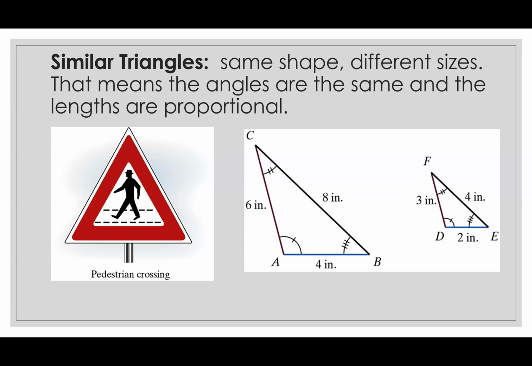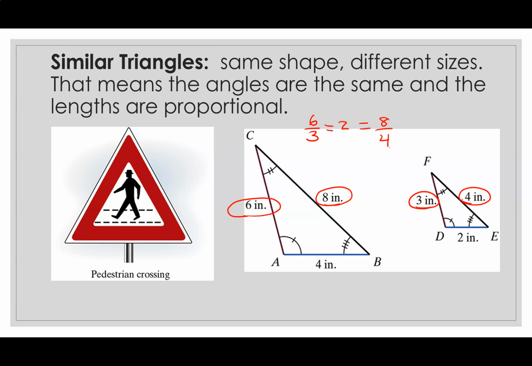Okay, so what does that mean really? So if you look here, these two triangles are what we call similar triangles. The lengths, red is to red. So you'll have 6 is to 3. Okay, that would be 2, right? And then black is to black. That would be 8 is to 4, and that would be the same, 2.